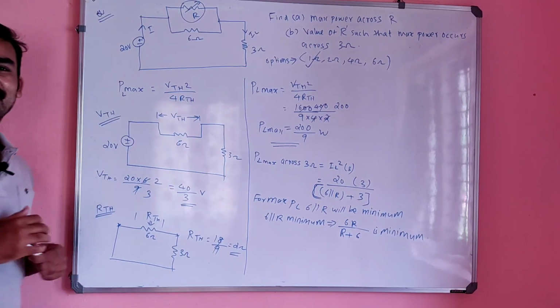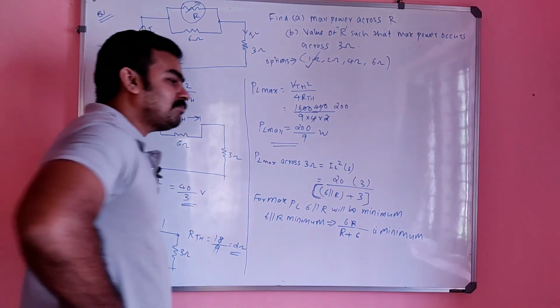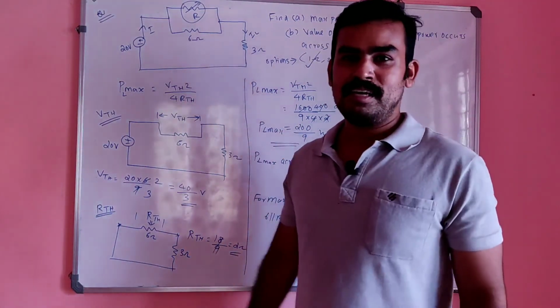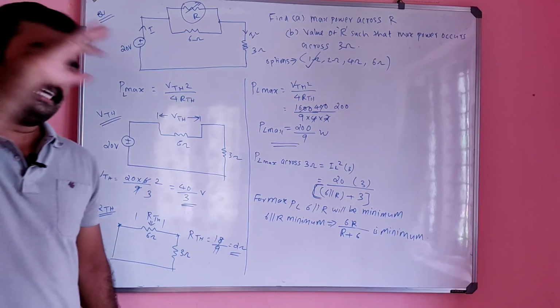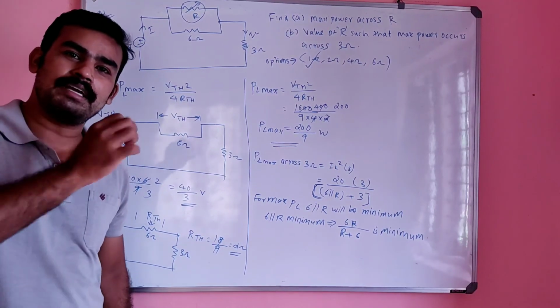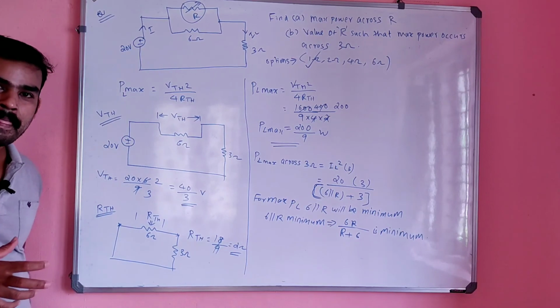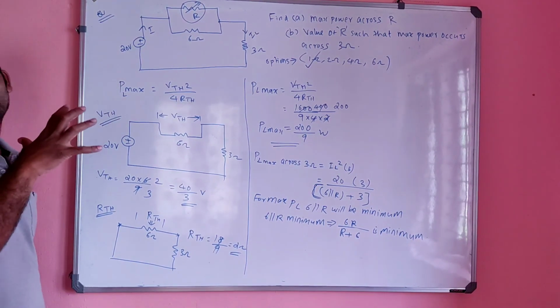See the level of question. When you are preparing for such type of examination, you have to be up to a level. Then only the lower level questions you can answer easily. That's why I am going to do all this, because in circuit theorems, these are all SSC range questions.